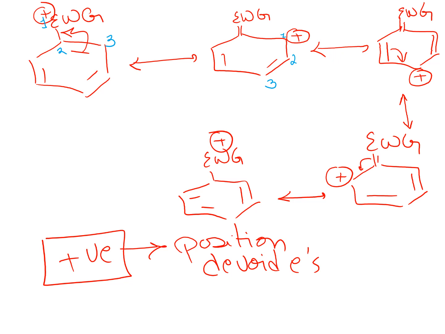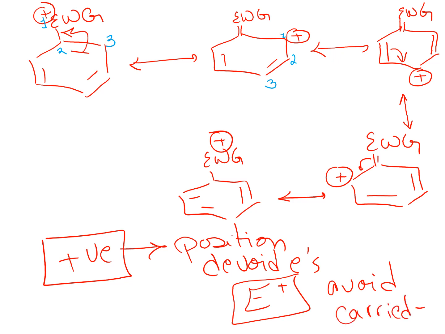So definitely, if I'm introducing an electrophile which is looking for electrons, it will try to avoid the positions that carried the positive charge. And that's why your electrophile will never go to the ortho or the para position. It will directly go to the only position that did not carry the positive charge, which is the meta position.